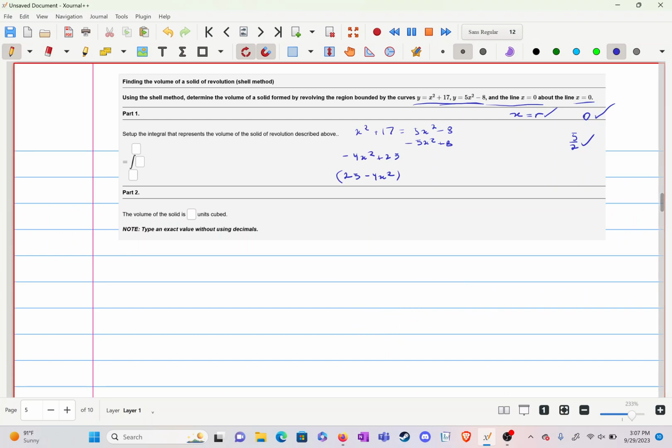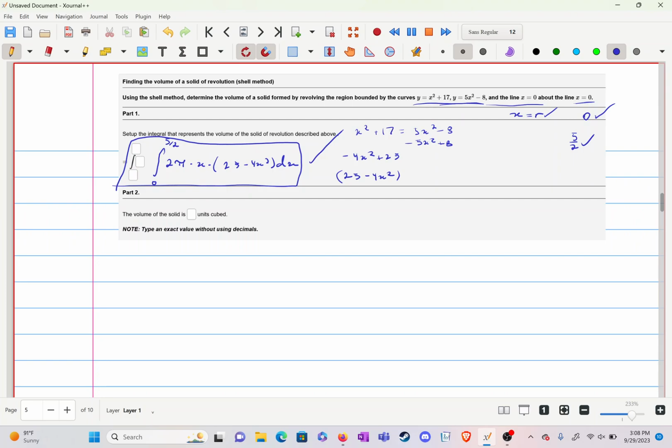So now we're going to set up our integral from 0 to 5 over 2 of pi times x times 25 minus 4x squared dx. That is part 1, just like that. Now we've got to compute it.